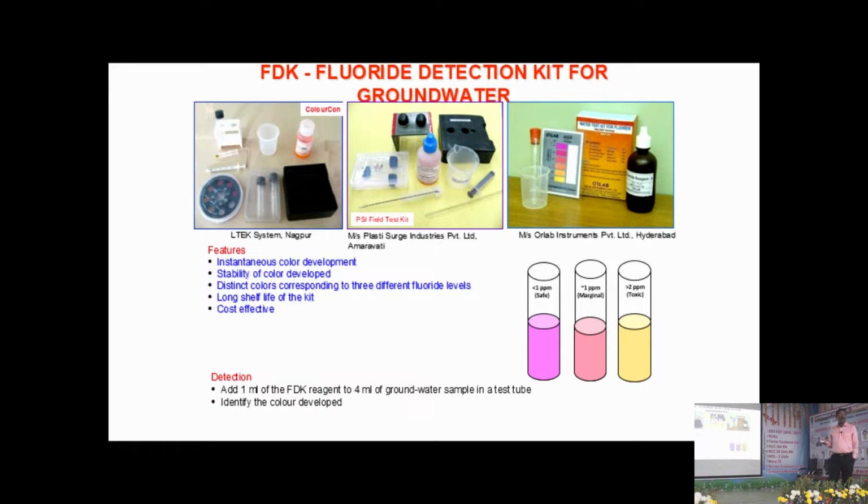This is fluorine detection. In North India we see fluoride in water. This is an easy technique by which a reagent is mixed with the water, and using the color scale you know how much fluorine is present. These are simple techniques, but quite popular and useful.